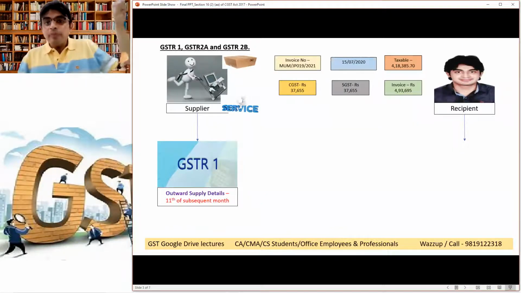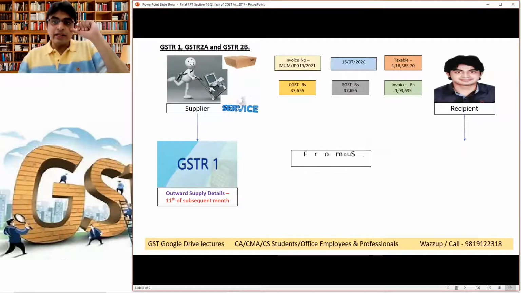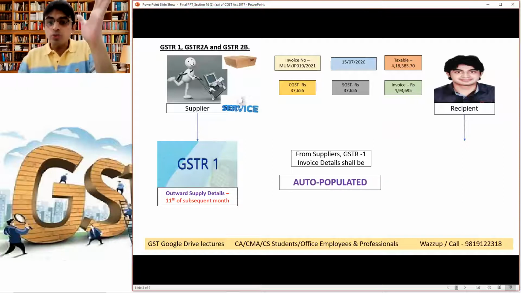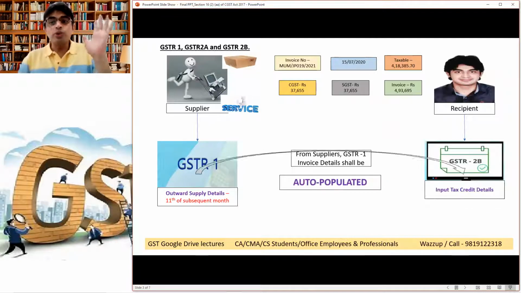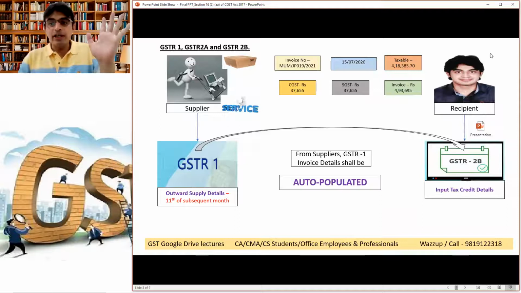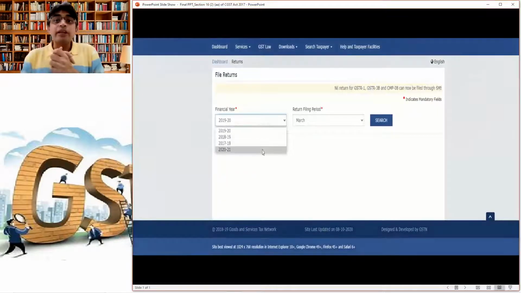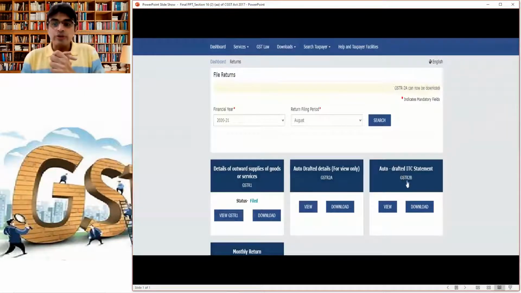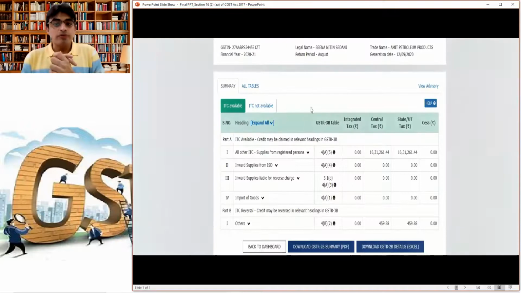And on the basis of his outward supply details, this ITC shall be auto-populated in which statement of the recipient? GSTR 2A and GSTR 2B. It will be auto-populated here. Okay, so this is just a demo. Suppose I'm opening my GSTR 2B, August month's GSTR 2B, and pressing view. This is my GSTR 2B.